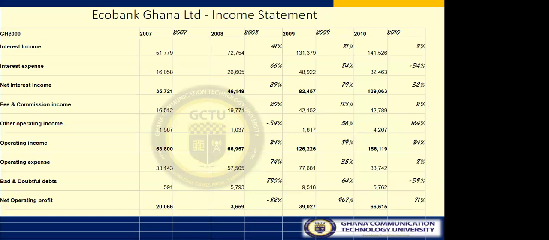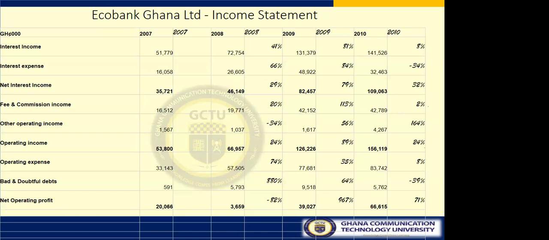Okay, thank you. Can somebody tell us how we got about 41% change, comparing 2007 and 2008 interest income?